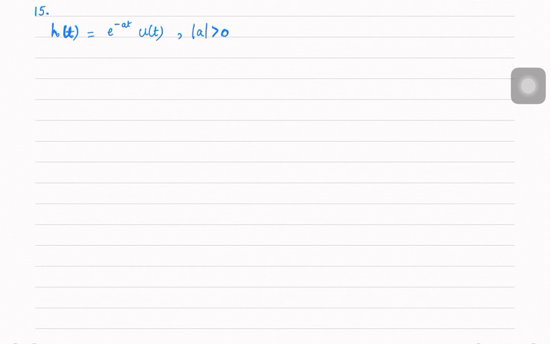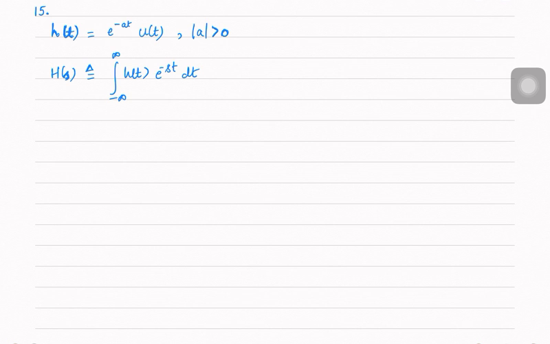Let's assume that this is the impulse response of some system. Now I want to calculate the Laplace transform of this, H of s. I'll use the definition: it is defined as the integral from minus infinity to infinity of h of t e power minus st dt.